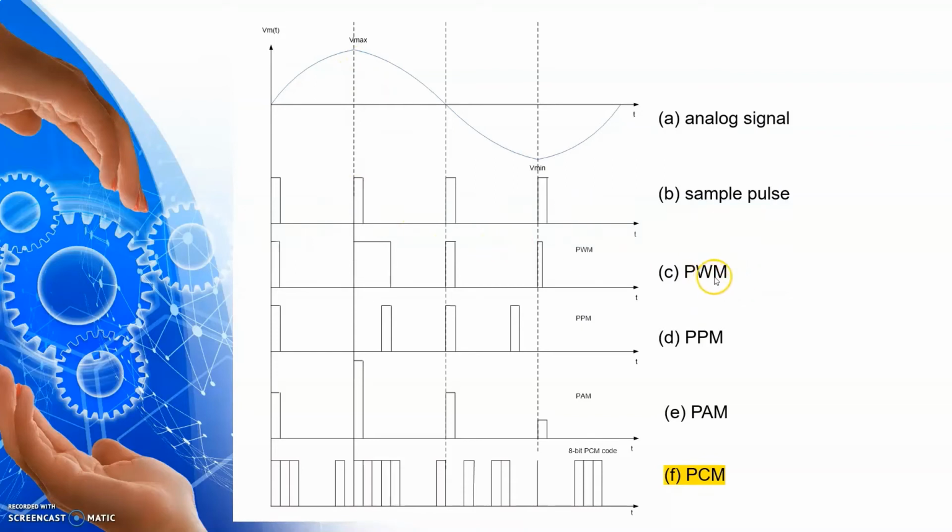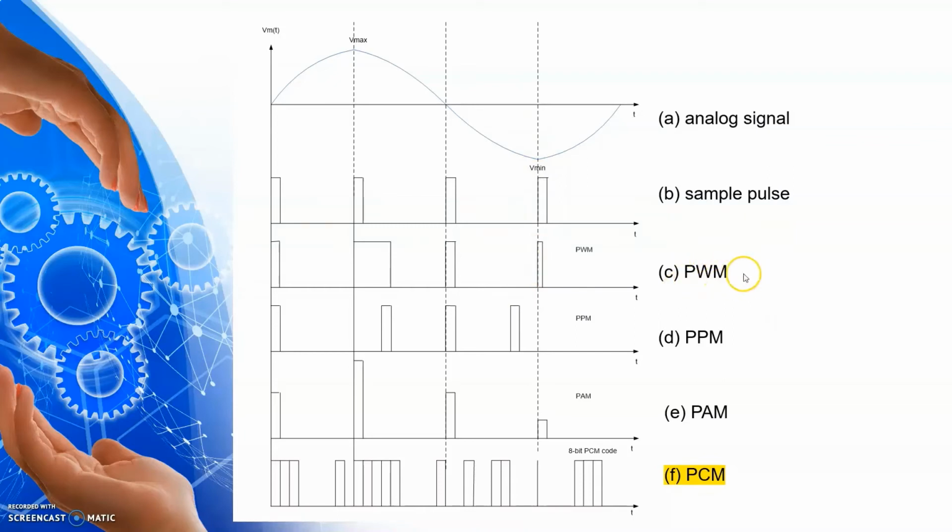For pulse width modulation, you can see that when the signal is at the maximum amplitude, the pulse will have a wider width, and when it is at the minimum amplitude, the width becomes narrower.